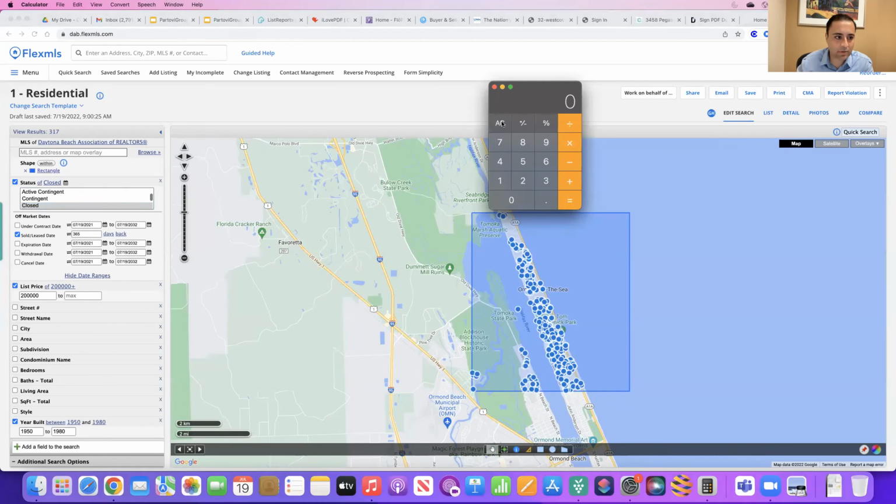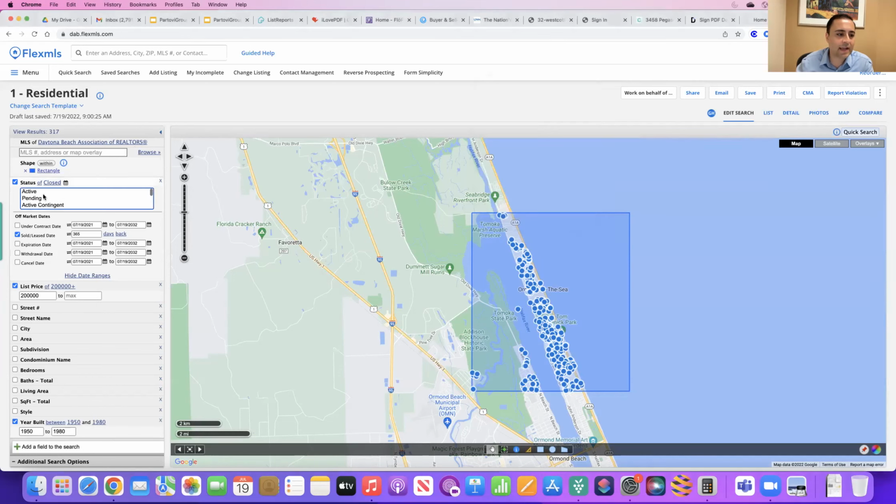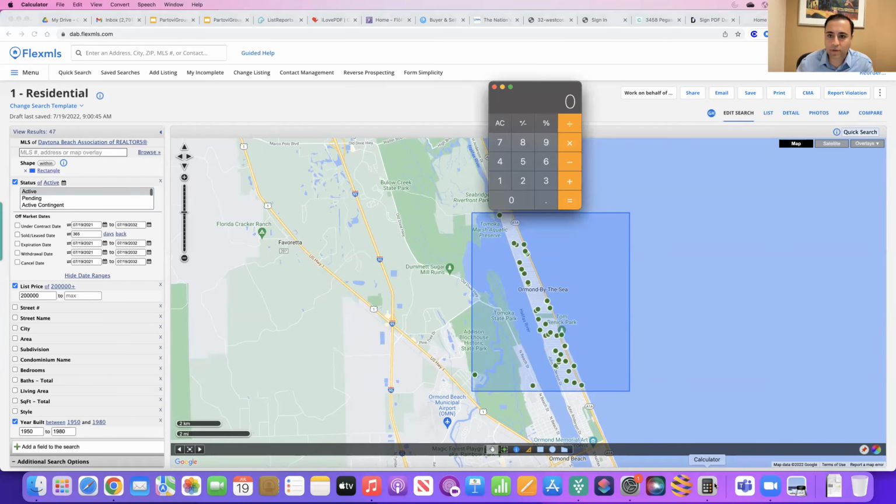Divide that by 12, we're at 26, let's say. So the current active, 47 divided by 26, we're still roughly 1.8 months, even in that older home market.